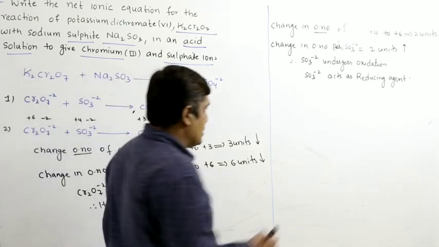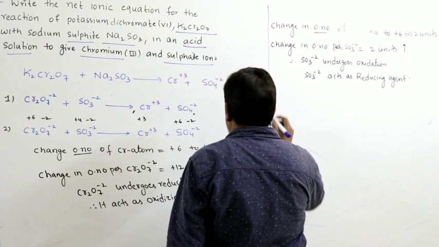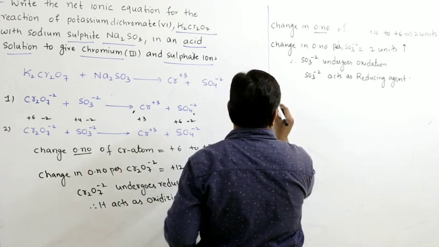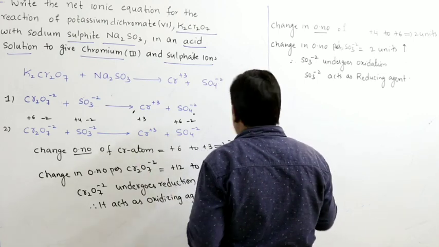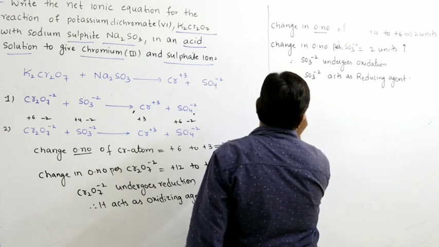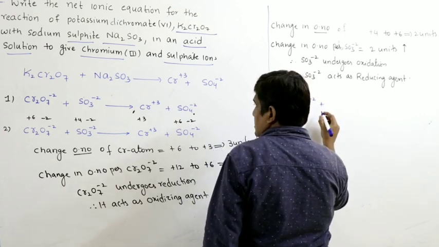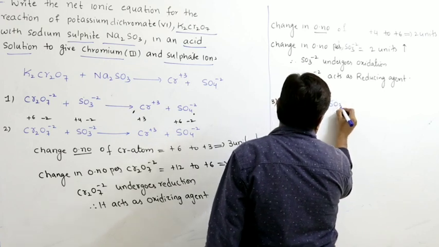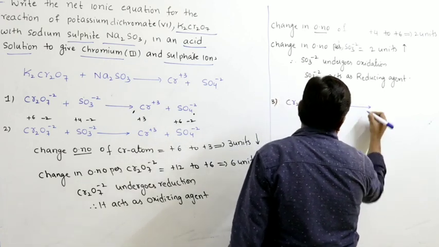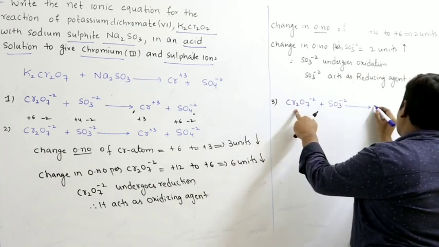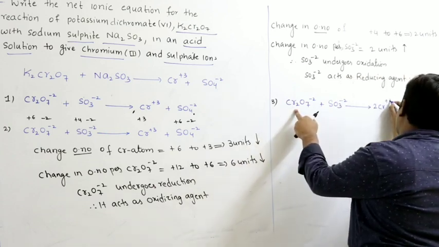So balancing the atoms which undergo the change by the normal hit and trial method: Cr2O7 minus 2 plus SO3 minus 2 gives 2 chromium, I am writing 2 here so that we can balance it, plus sulfate ion.